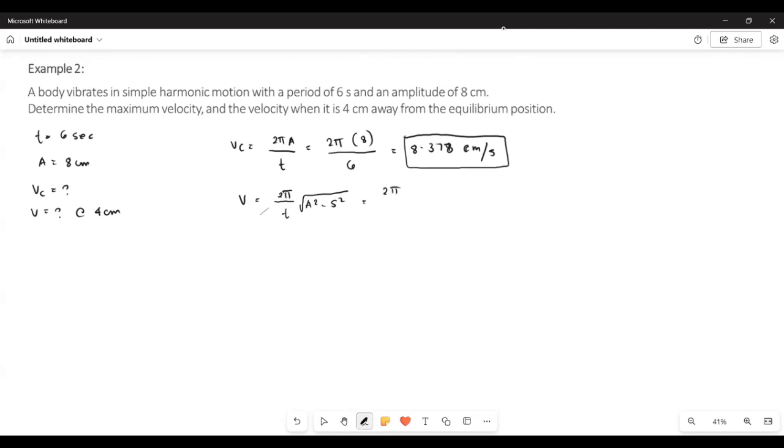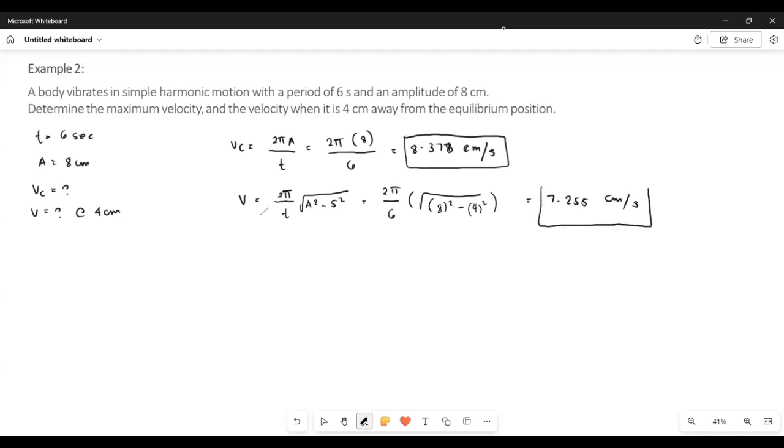So, we have 2 pi over time natin na 6 times square root ng a natin is 8 squared minus yung s squared natin na 4 centimeters. Okay. So, ang value natin is magiging 7.255 centimeter per second.